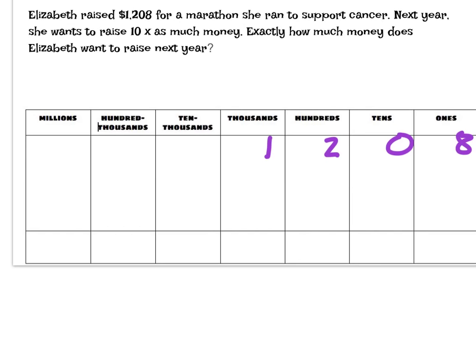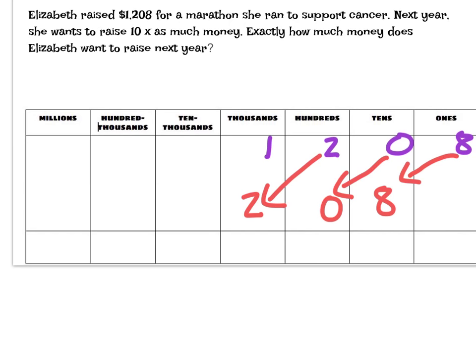Next year, she wants to make 10 times as much. Well, 8 ones times 10 is 8 tens. 0 tens times 10 is still 0. 2 hundreds times 10 is 2 thousands, and 1,000 times 10 is 1 10,000.